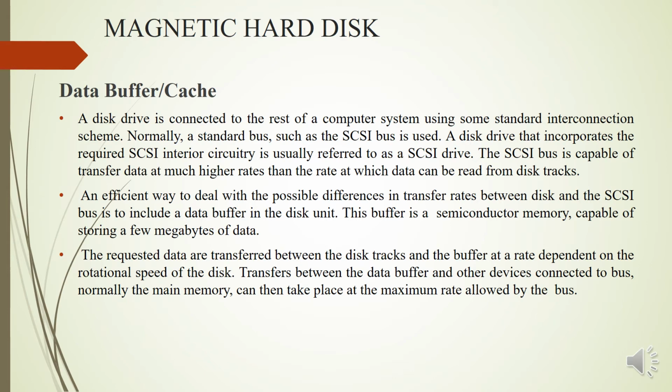The requested data are transferred between disk tracks and the buffer at a rate depending on the rotational speed of the disk. Transfer between the data buffer and other devices connected to the bus, normally the main memory, can take place at the maximum rate allowed by the bus speed.